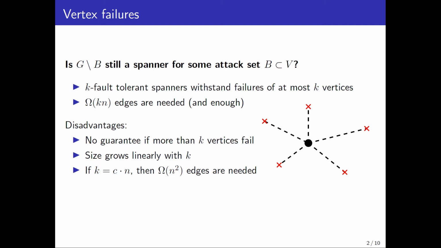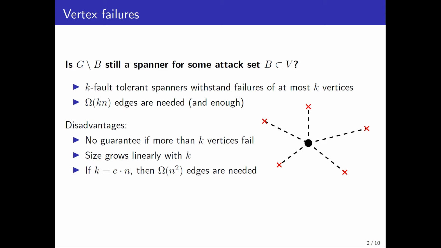So therefore one would choose this parameter k to be big, but then of course the size grows. In particular, if k would be proportional to n, this would mean that we essentially need to build a complete graph. So this shows us that fault tolerance spanners work perfectly with small sized failures, and if we know that only small sized failures can occur, then we can choose this parameter k to be something small, for example log n.